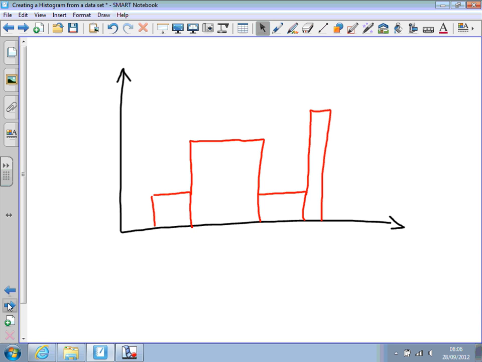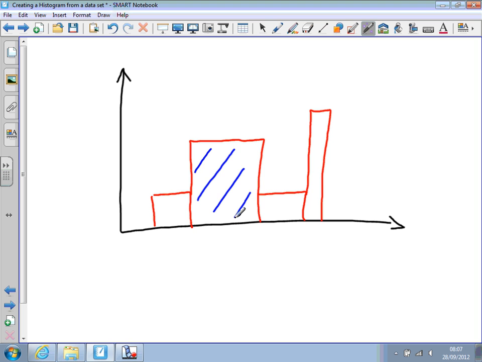And the trouble with ordinary bar charts is we tend to think of the size of the group as being associated with the height. And so the height of the bar is all that we're interested in, because that gives us a frequency, the number of pieces of data in each group. In a histogram, it's the area of the bar that represents the frequency.